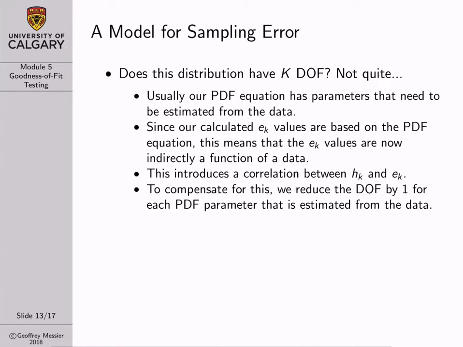Does the distribution have K degrees of freedom because we're adding up K individual random variables? Theoretically, yes, but in practice, not quite. Now, usually when we are fitting a theoretical distribution to some data, we want the best possible fit. So we want the mean of our theoretical distribution, for example, to exactly match the mean of the data.